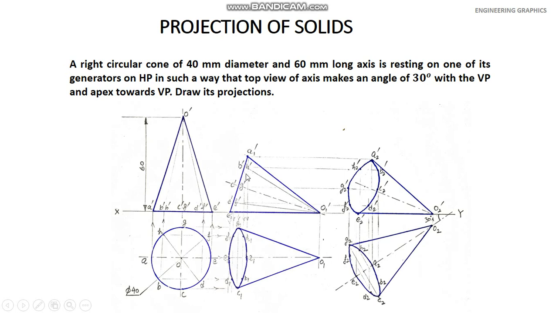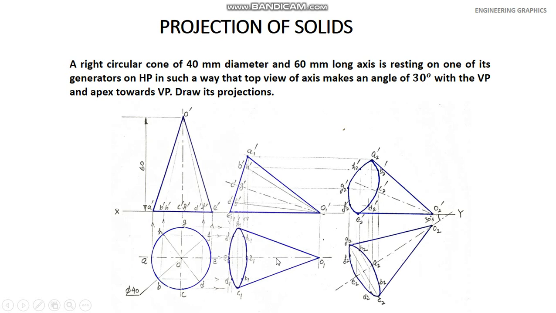In the second step, take the projection from the front view towards HP to draw its top view. Take the horizontal line from this circle and take the vertical projection from the front view. You can obtain the top view in the second step here. But in the second step, if you see, the axis is parallel to VP.